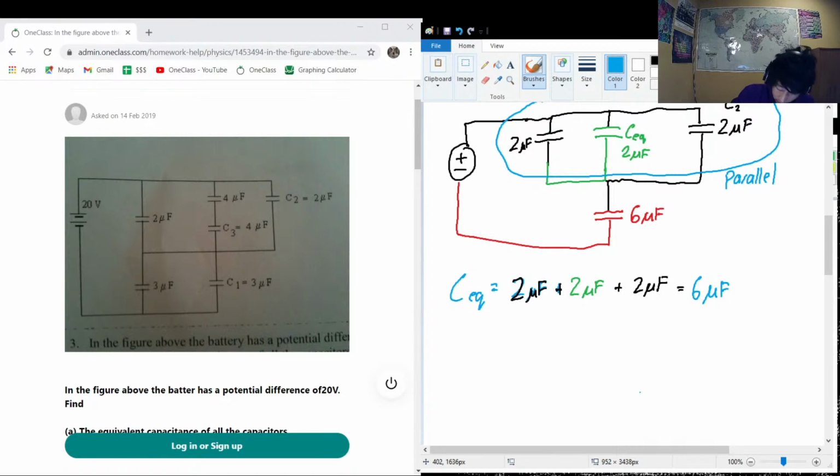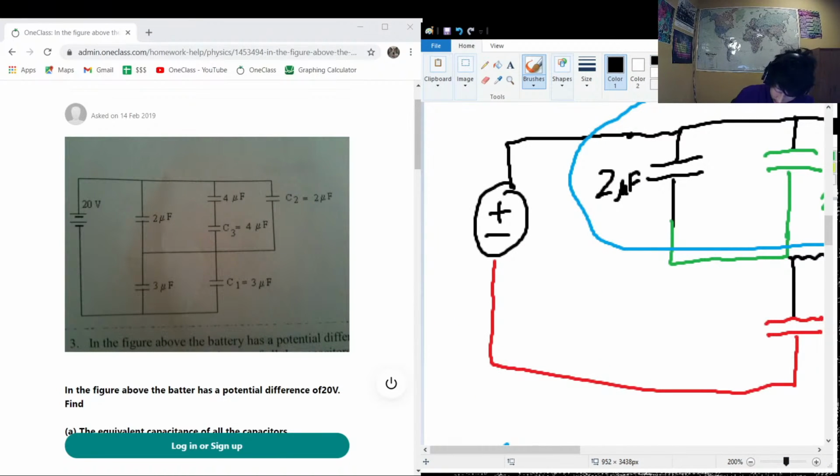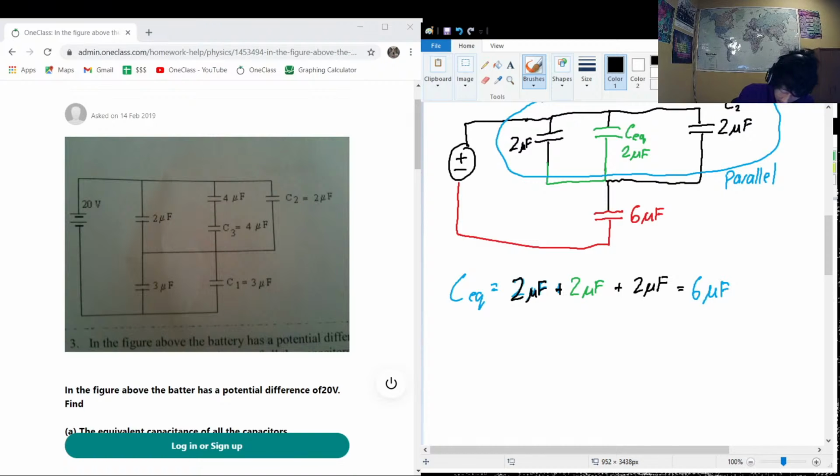To redraw the circuit one last time, plus minus, that was 20 volts. We have a 6 microfarads, so I'll do that in blue so that we're consistent with our coloring. 6 microfarads, and then it was attached to the red 6 microfarads.